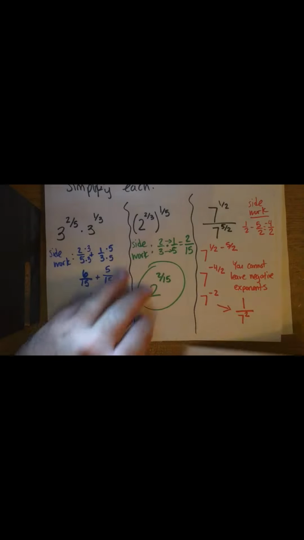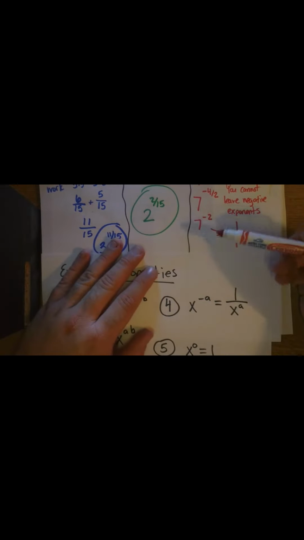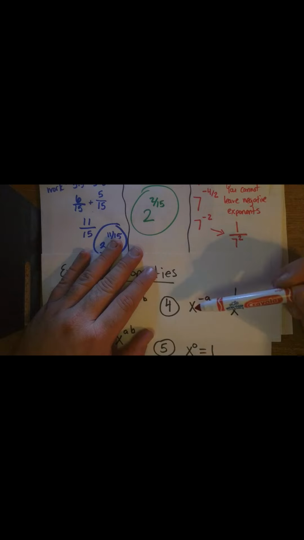If you look at these, that is what happens. In the property I have x, but in the actual problem I have 7. 7 and 7, x and x. -2 becomes +2. That's true here as well, because -a became +a. And then 1 is on top.